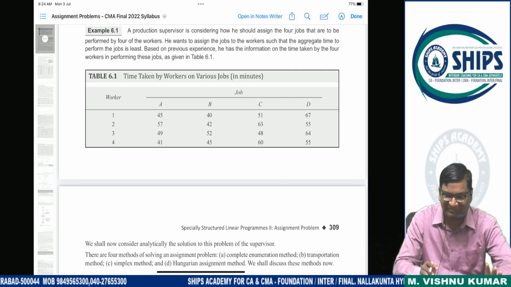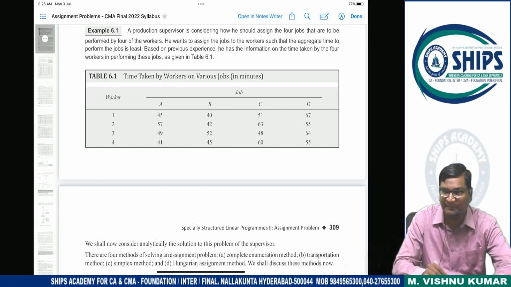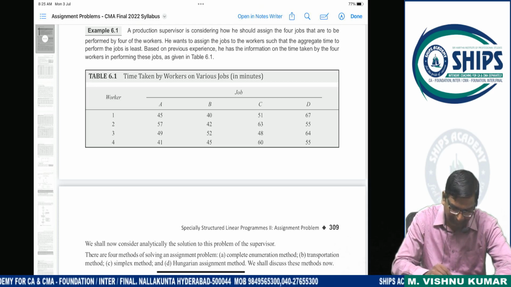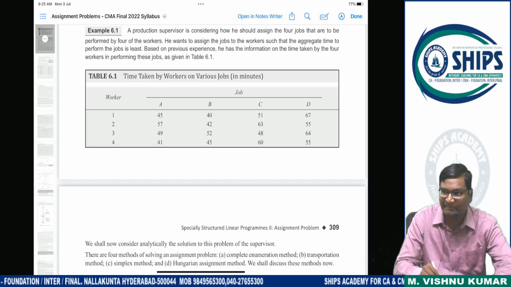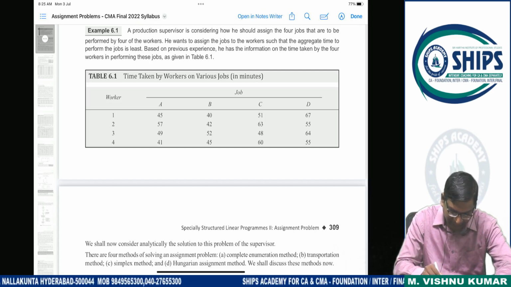Normally, without the assignment procedure, as a layman, if you give job B to worker 1, it will be better, right? Because worker 1 is taking 40 minutes on job B. Clear? And on other jobs he is taking more time. Understand? Similarly, second worker: 57, 42, 63, 55.